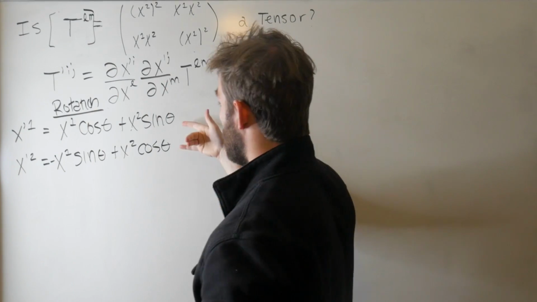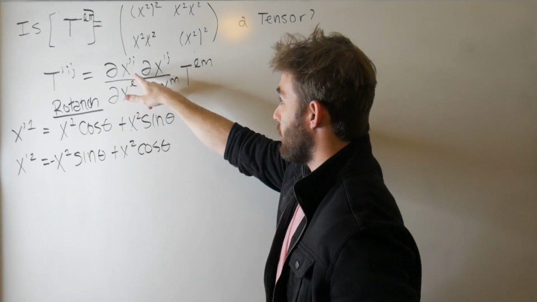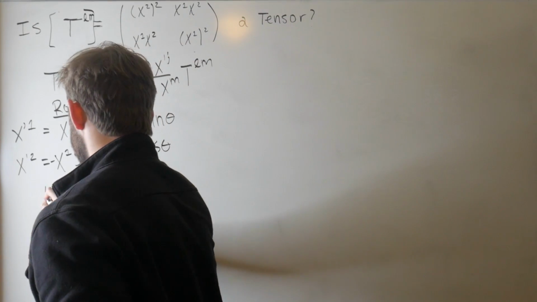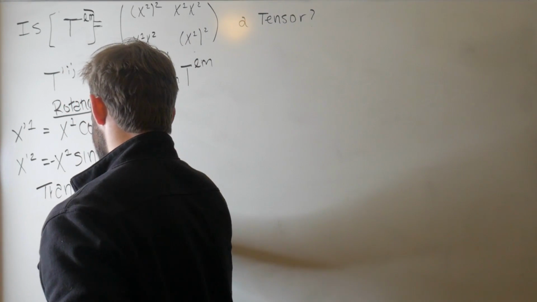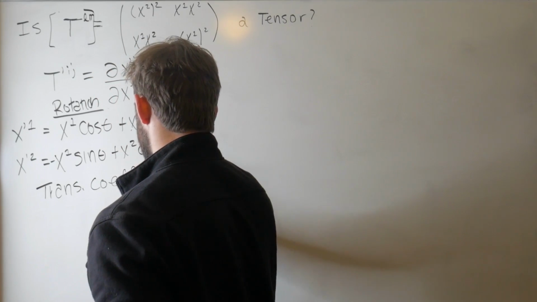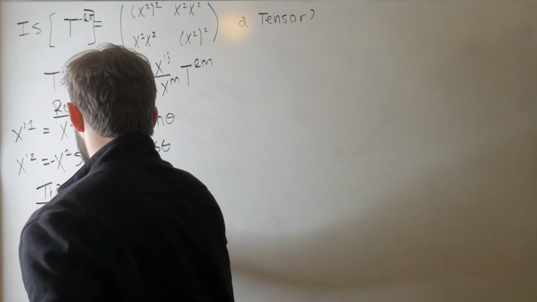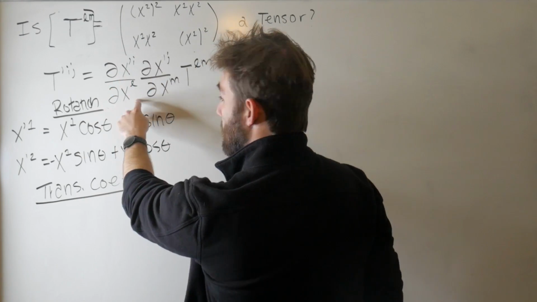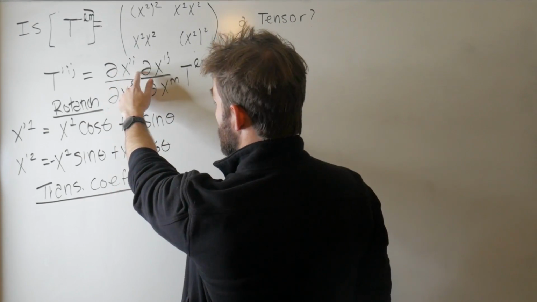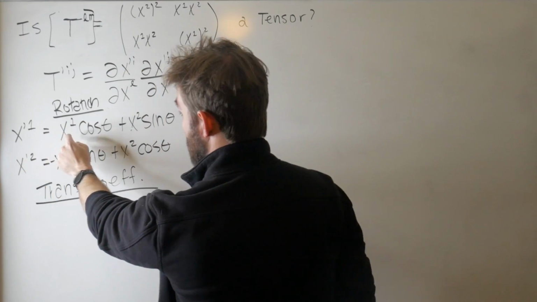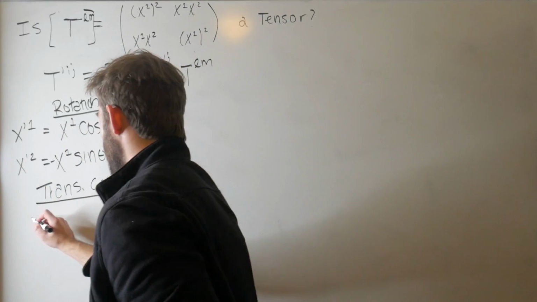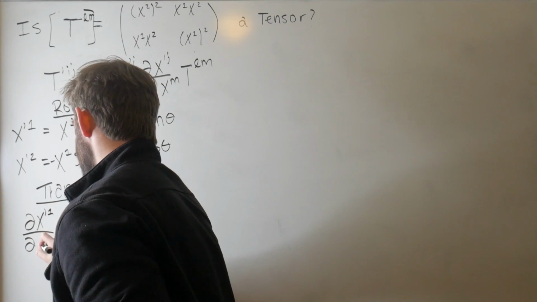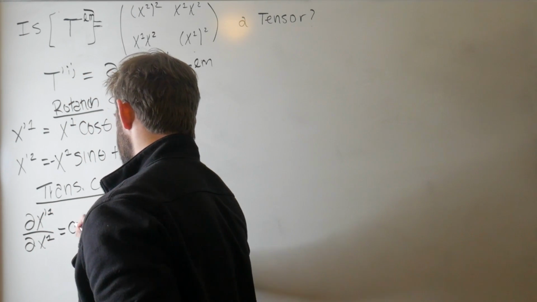Now we just need to calculate the transformation coefficients. We have to calculate these dx prime i over dxl's. So we'll write that down here as trans coef. So we're taking derivatives of the primed coordinate with respect to the unprimed coordinate. So for example, dx prime 1 over dx1. Let's calculate what all of these are. dx prime 1 over dx1 is equal to cosine theta.